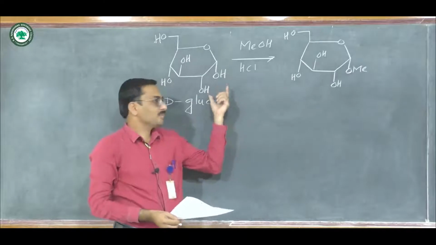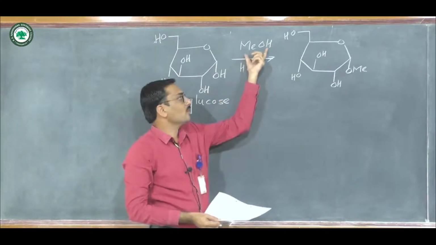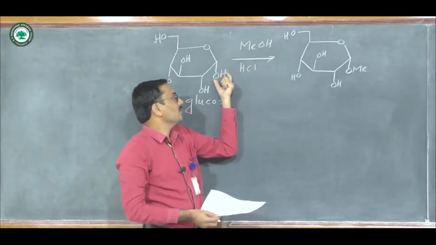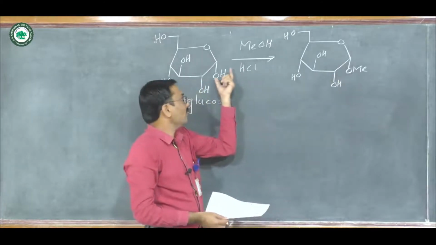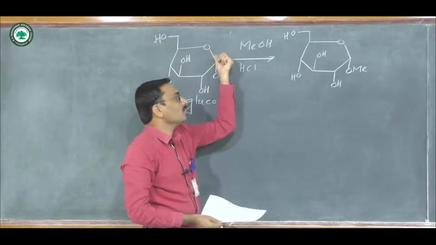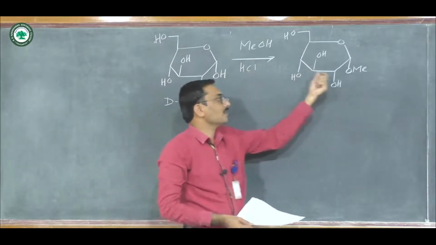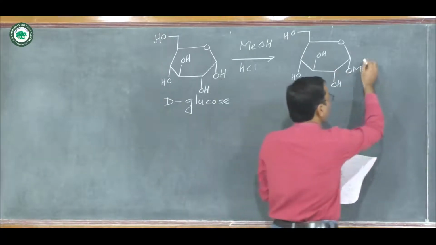In the first step, this D-glucose molecule is allowed to react with methanol in presence of HCl. So there is methylation of this OH into OMe. That OH present at this carbon atom adjacent to the oxygen undergoes reaction with methanol in presence of HCl, and there is formation of OMe, that is ether formation.